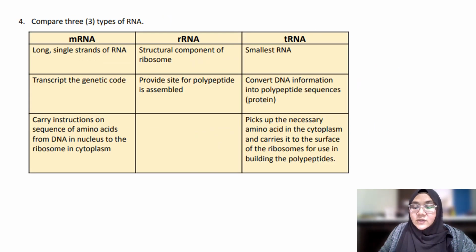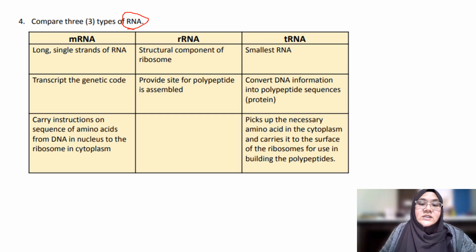Okay, next question number 4. Compare 3 types of RNA. So the RNA we know is made of ribose sugar. It has types of bases, AUCG: adenine, uracil, cytosine, guanine, and they consist of 3 types.